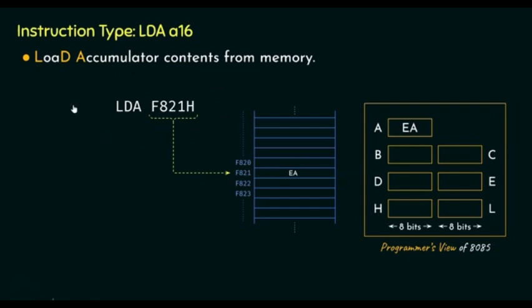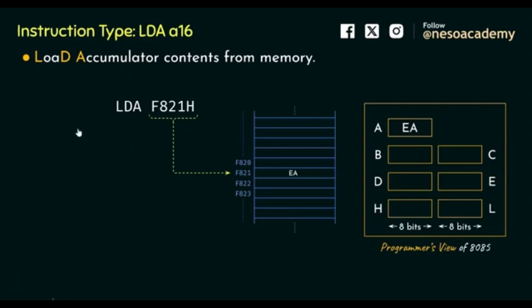If you remember, in the previous example where we used the LXI RP D16 instruction, along with that when we used MOV A, M, both the instructions within the memory occupied 4 bytes of space, whereas this instruction will save 1 more byte, and using 3 bytes we can perform the same.